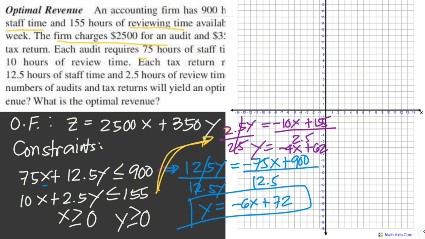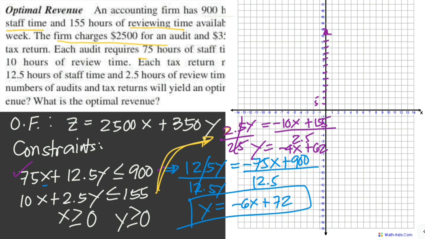So for the first one, when x is 0, y is 62. So if this is 5, 10, 15, 20, 25, 30, 35, 40, 45, 50, 55, 60, 65, then 0 would be here.